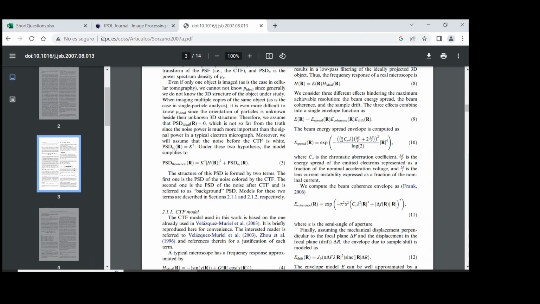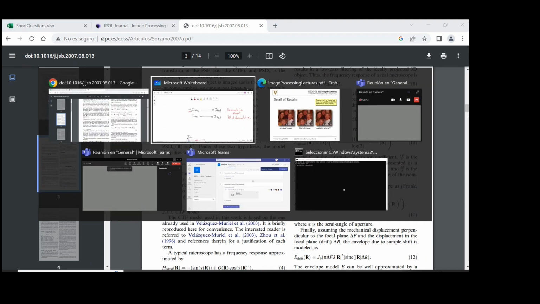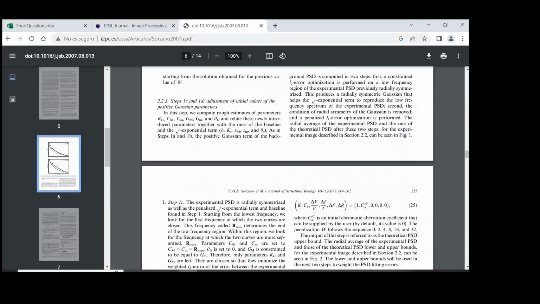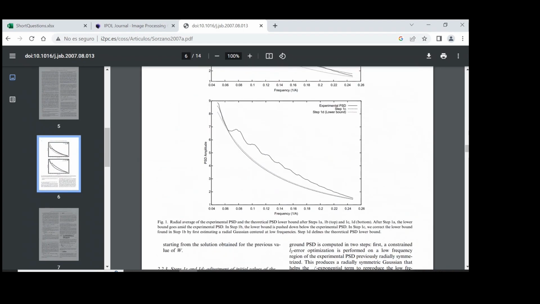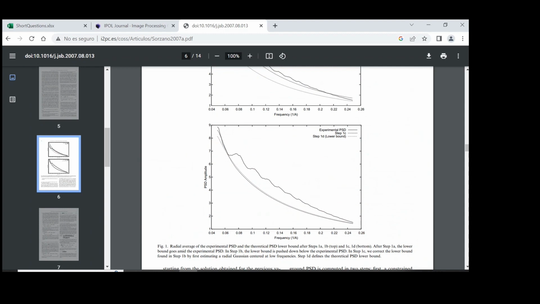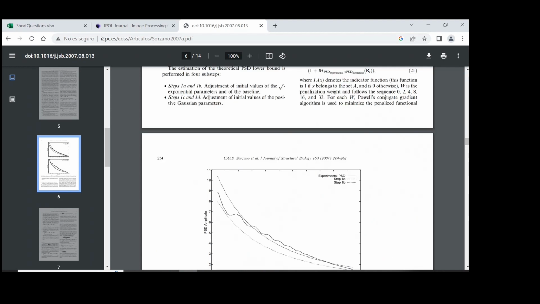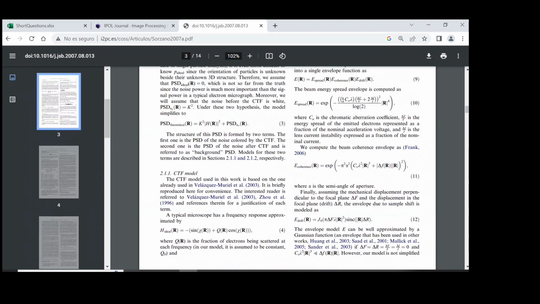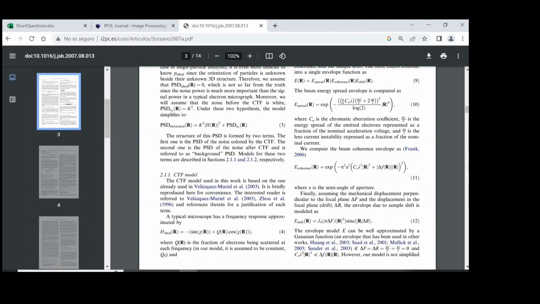Again, these are 1D plots, but everything is 2D. In the 1D you can see this is the power spectrum that you observe. You see oscillations there. And then you know, okay, this is an electron microscope. In this electron microscope, the filter in Fourier space is like this.